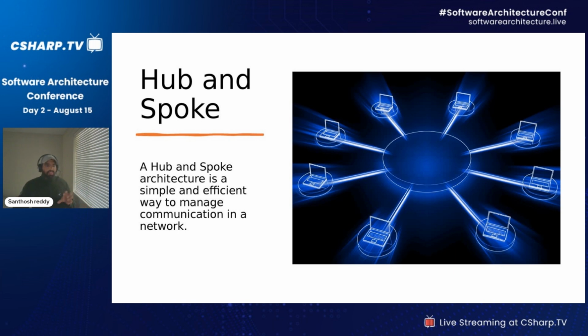That makes it easy to manage, secure, and troubleshoot. But as soon as the system grows, it becomes a single point of failure, a bottleneck. If the system is small enough, the hub and spoke model works for your needs.